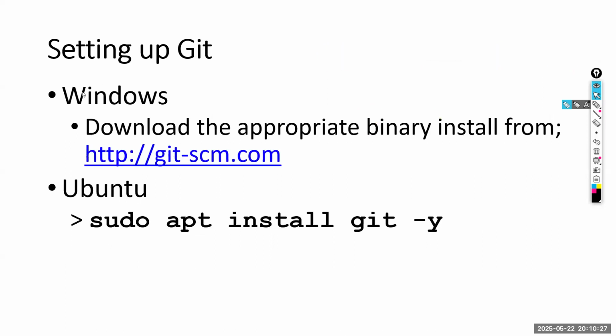Those things can be done. If you want to install, of course, you are supposed to install it. Get it from gitscm.com and install it. It's an executable file or the installation file. That is if you are installing it in Ubuntu, you should be able to do it by yourself.